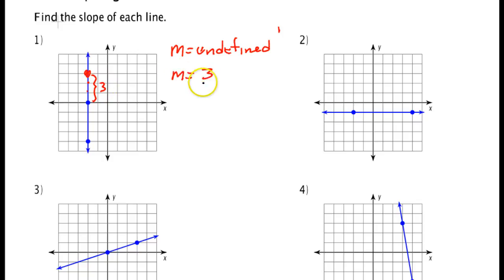But the run would be 0, and you cannot divide by 0 in mathematics. You cannot divide by 0, that's undefined. So that's why it's undefined. Notice how no matter what point I pick, whether it's -4 over 0 or 3 over 0, they all come out to undefined. Okay. What is the equation of this line?